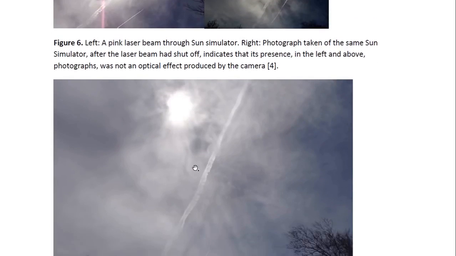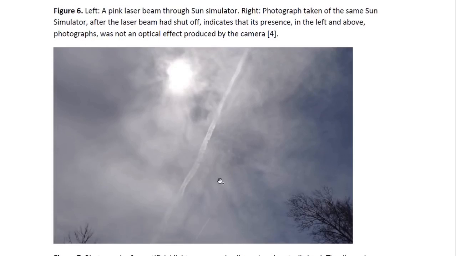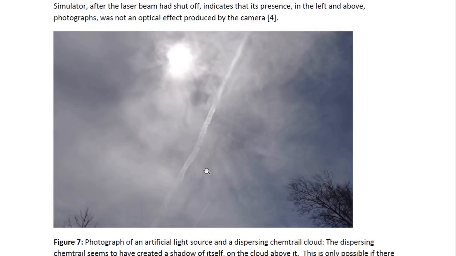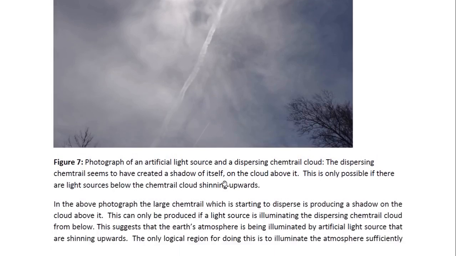Now, if we look at some of the photographs that were taken at the same time, there actually seems to be a shadow formed as a result of this spreading chemtrail cloud. You can see it has about the same shape. There's this kink in it, which we also see here. And this is not the only photograph.